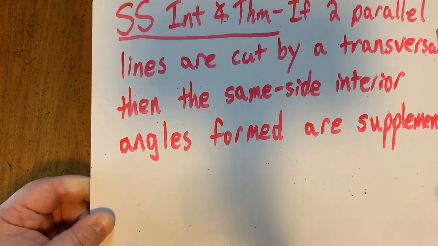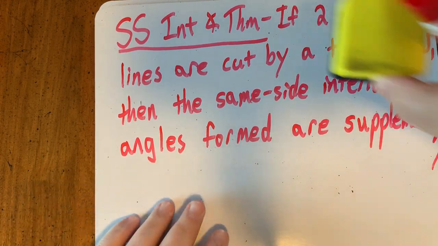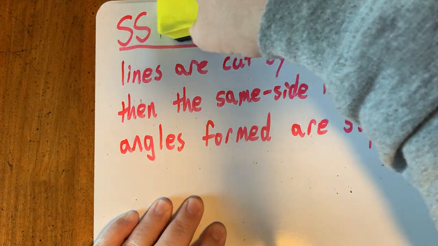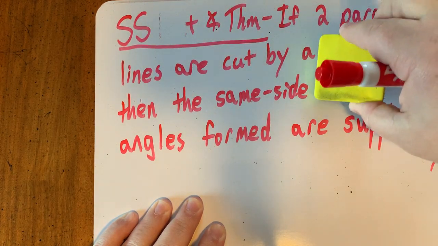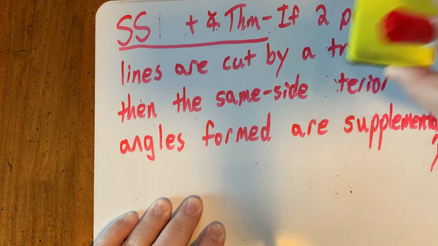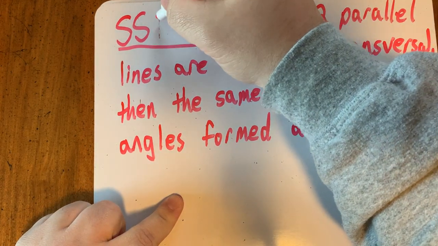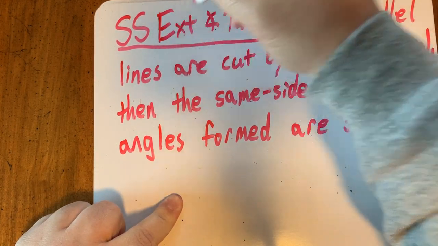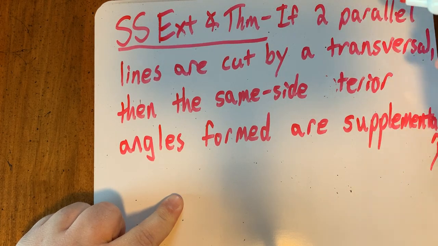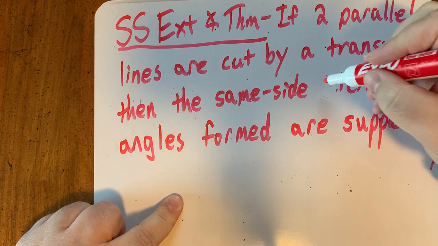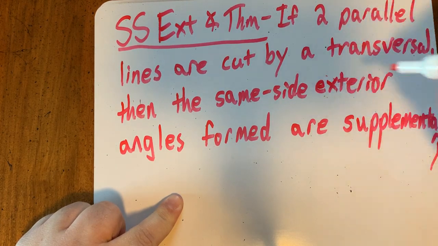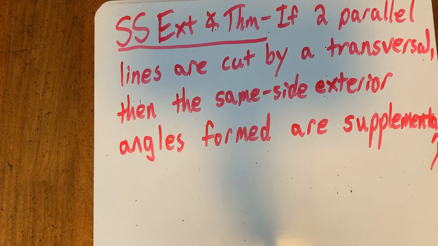Now I'm going to be very lazy here and just do this. The same side exterior angle theorem. If two parallel lines are cut by a transversal, then the same side exterior angles formed are supplementary.